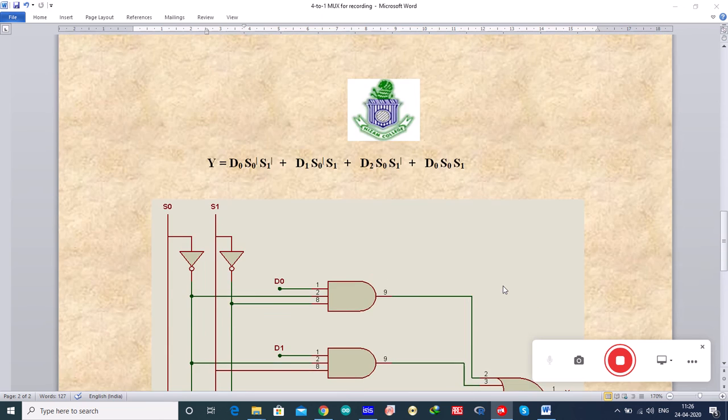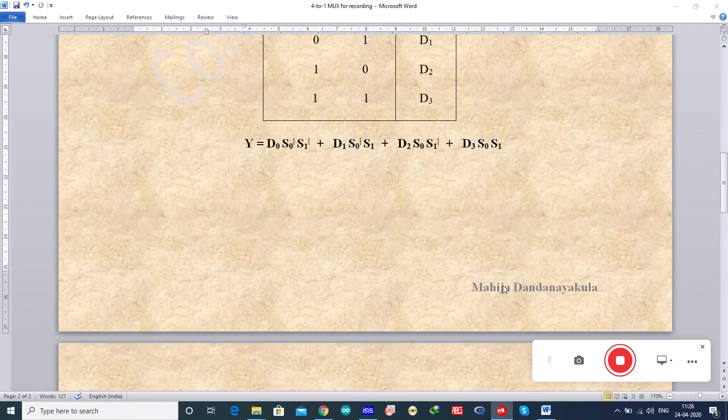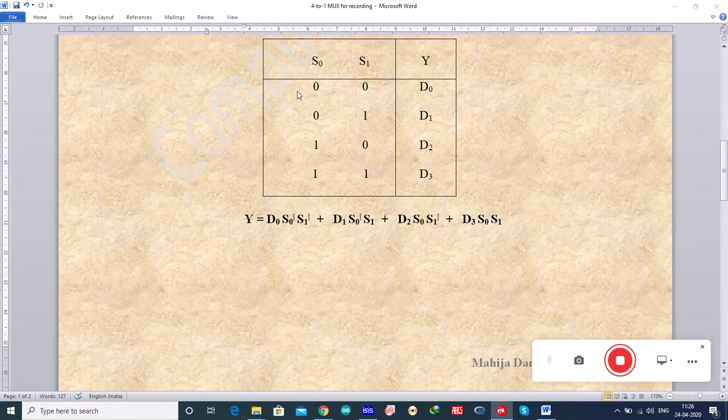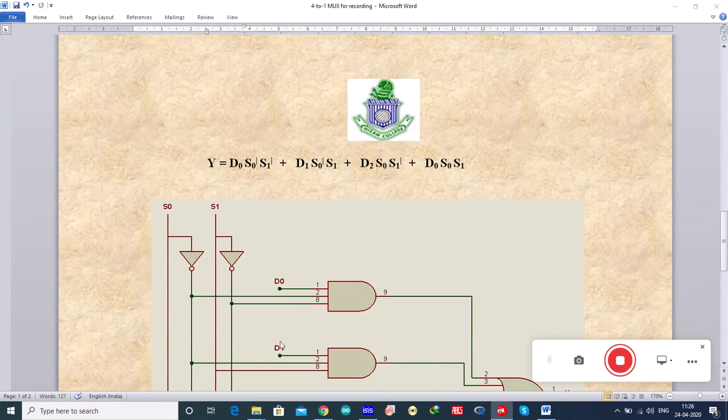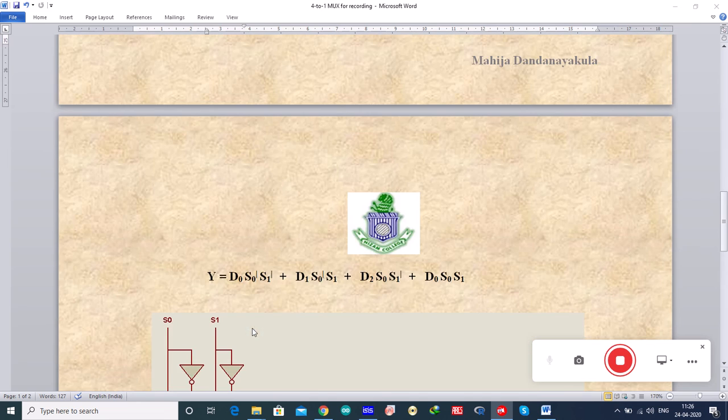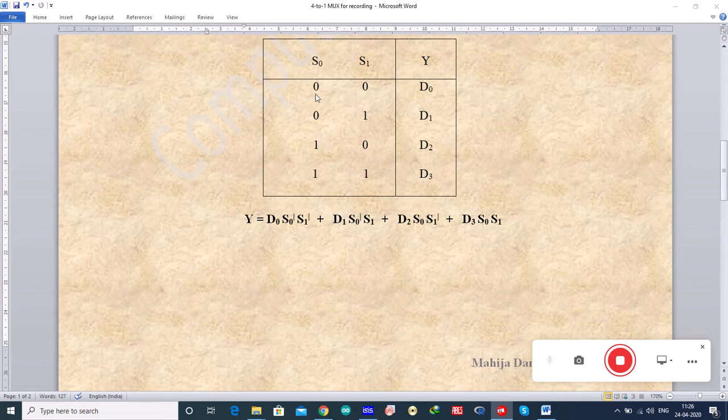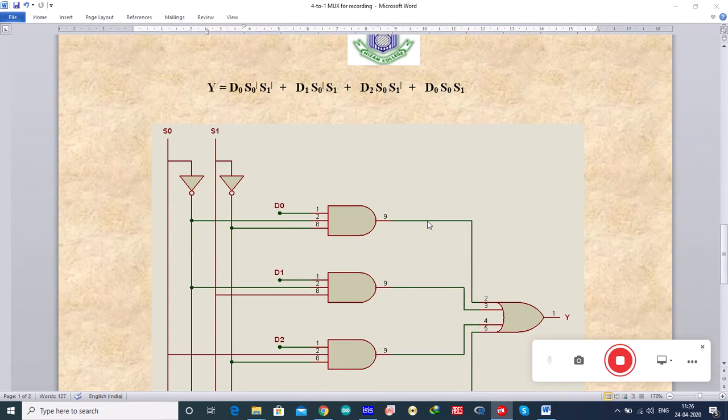Let us check the combinations, that is the possibilities in the truth table, with the help of this circuit. We have seen for the first possibility, that if S0 is 0 and S1 is 0, you will get the value of D0. Let us check this from the circuit.